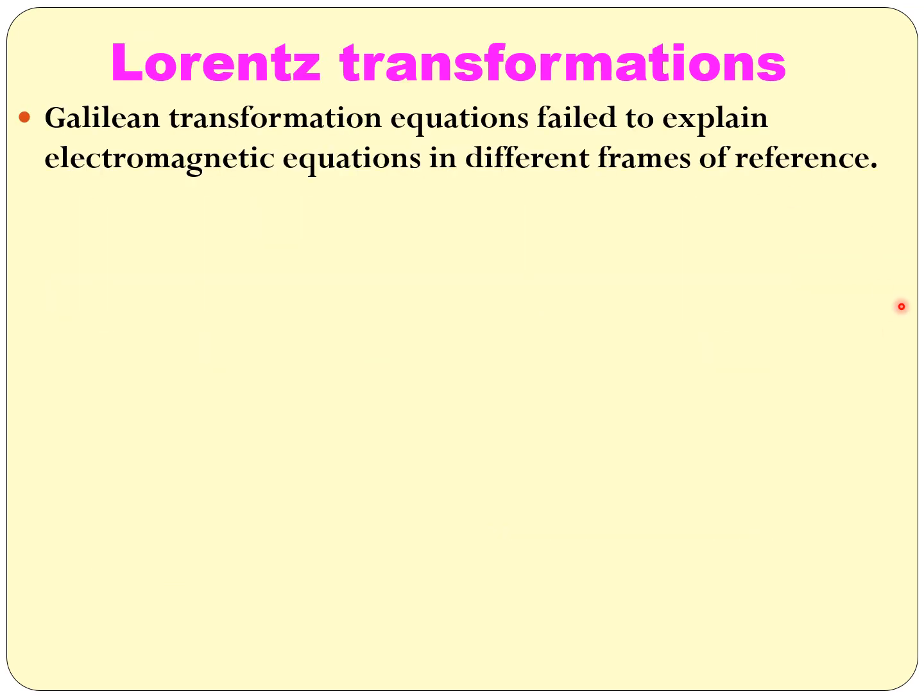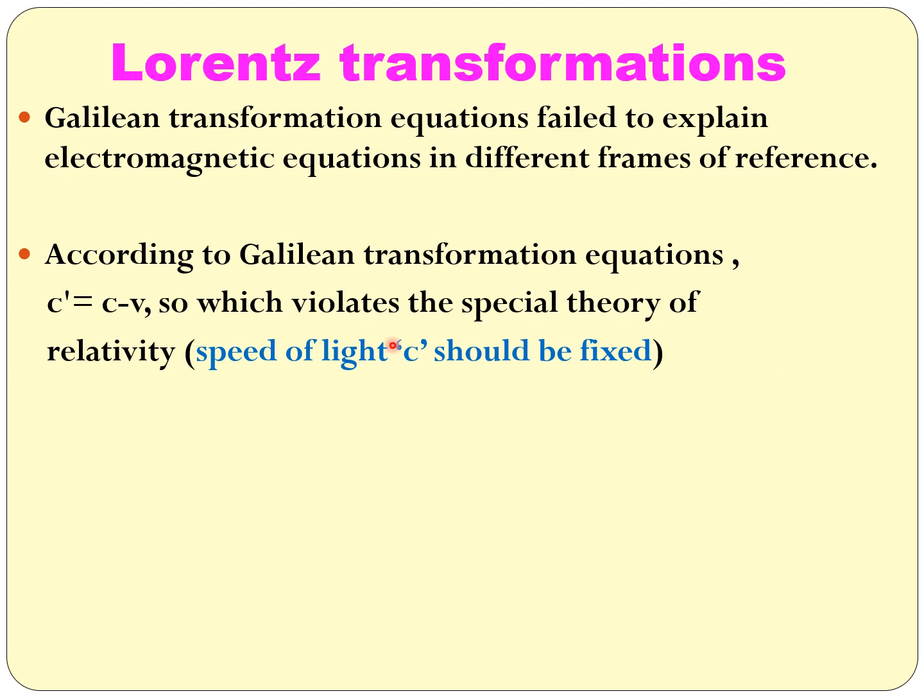Now we will discuss the Lorentz transformations, because Galilean transformation equations failed to explain the electromagnetic equations in different frames of reference. According to the Galilean velocity transformation, u prime was u minus v, and in the case of light, c prime was taken as c minus v.